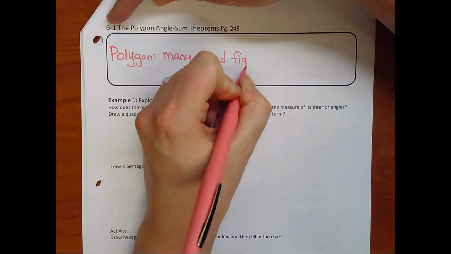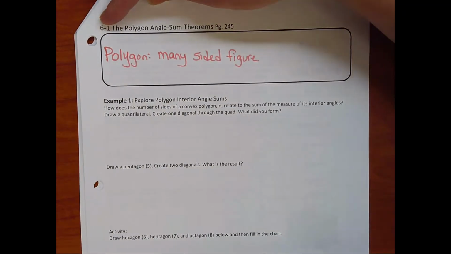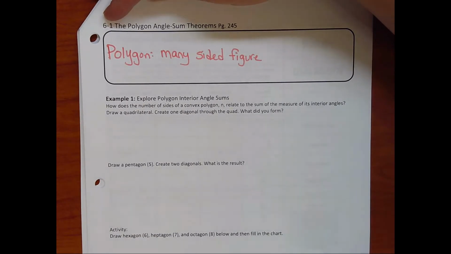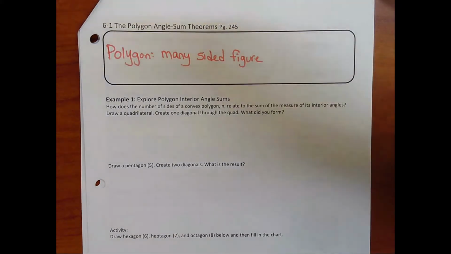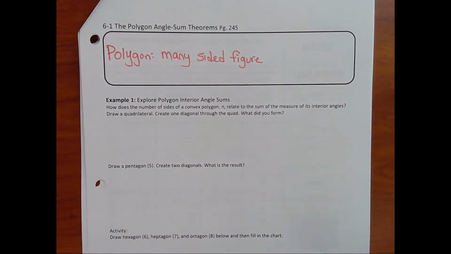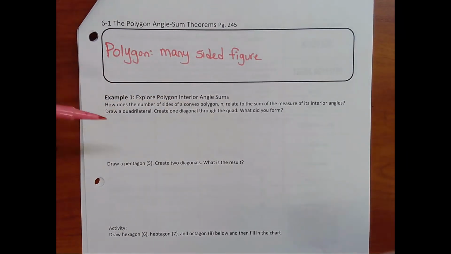A triangle is a polygon, a square is a polygon. It's just the generic term; hexagons, octagons, decagons are all considered to be polygons. They all get put into that chunk. So we're going to explore these different interior angle sums and relate them to some other things we've already done.